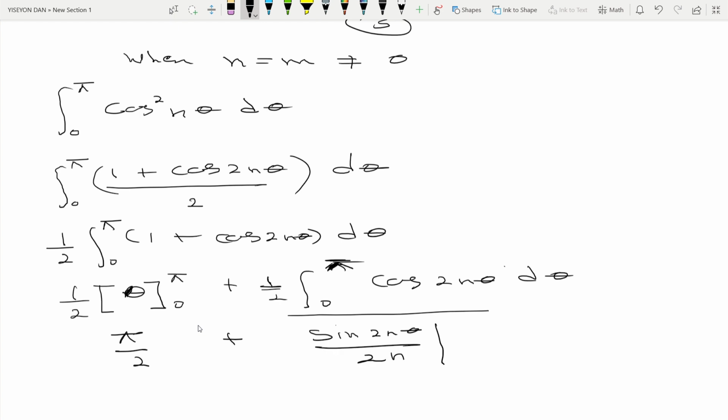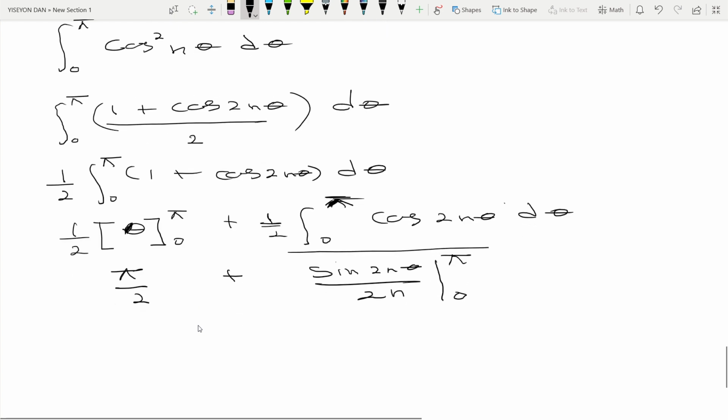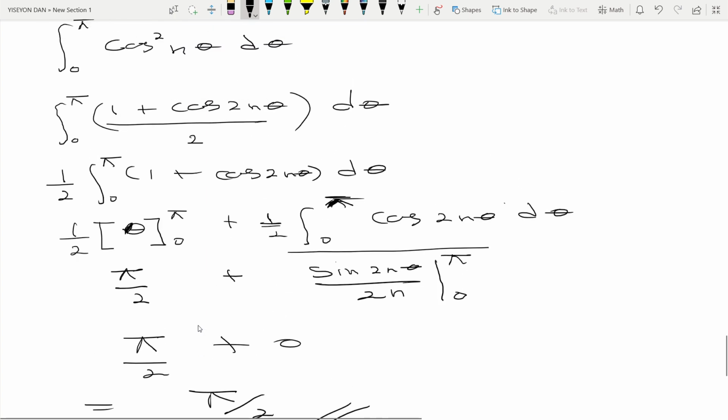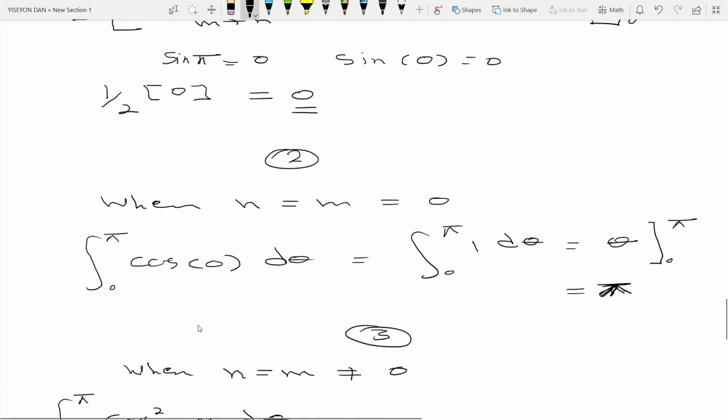If you put theta to be pi, you have 0. 0 minus 0 is 0. So our final answer is pi over 2. So we have successfully proven the 3 rules guiding this Chebyshev.